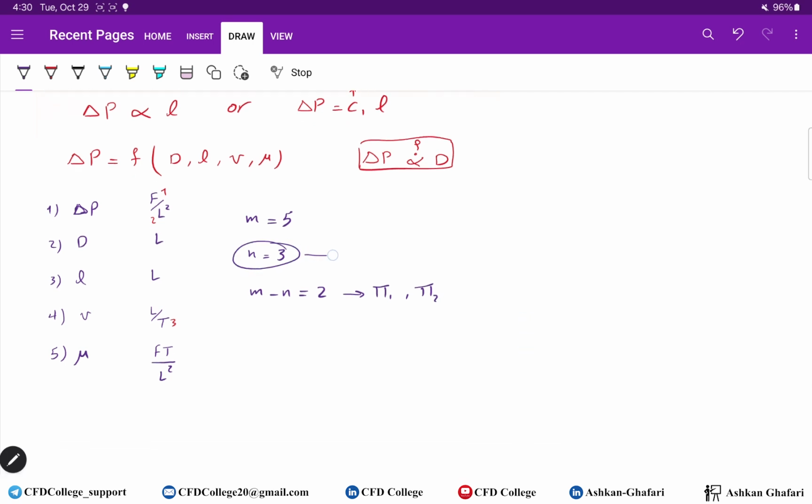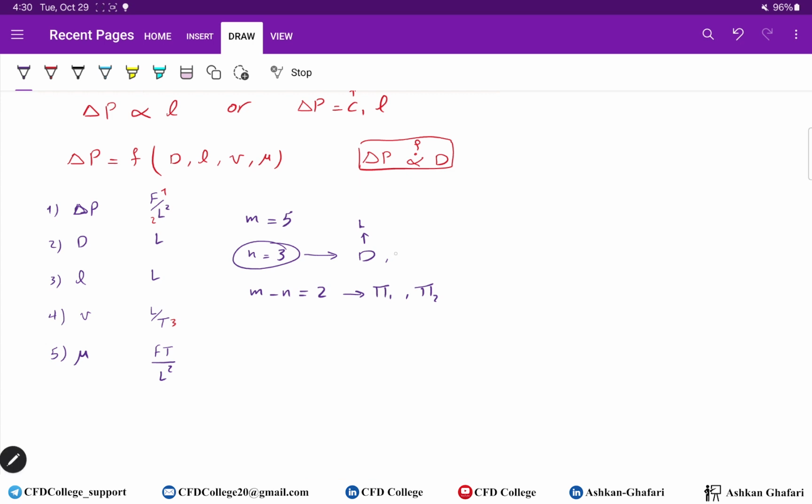We only have pi 1 and pi 2, 2 dimensionless groups. N is 3, so we should pick 3 variables: D for L, for example. It doesn't matter which parameters you pick, the final answer is the same, so don't worry about it.